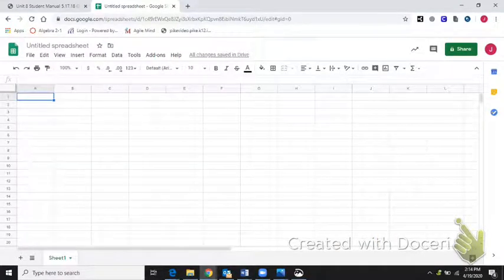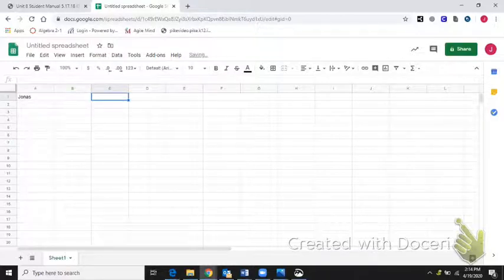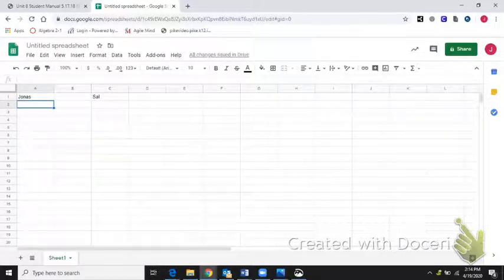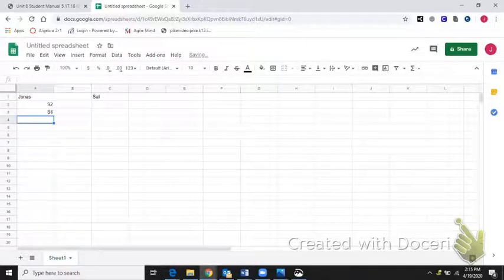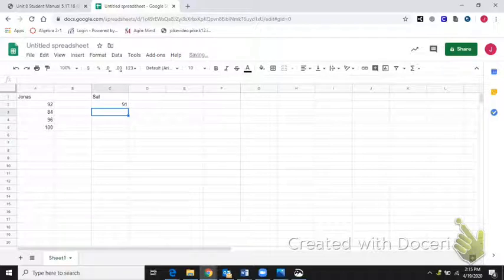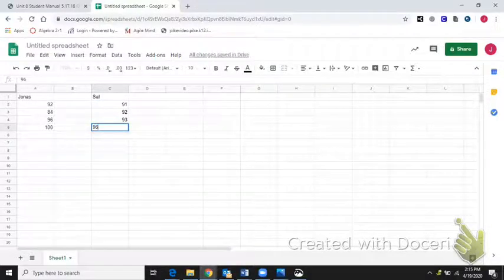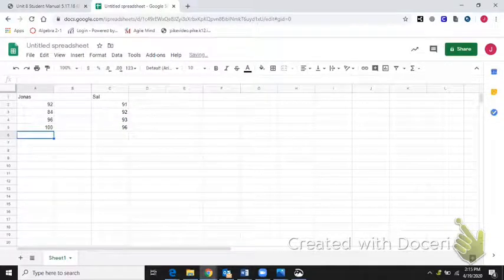So we'll begin by entering both of their scores. I'm going to make a column for Jonas and I'm going to make a column for Sal's scores. We'll put each of their scores into our sheet. So remember, if we were calculating this mean by hand, we'd have to add those scores up and divide by 4.